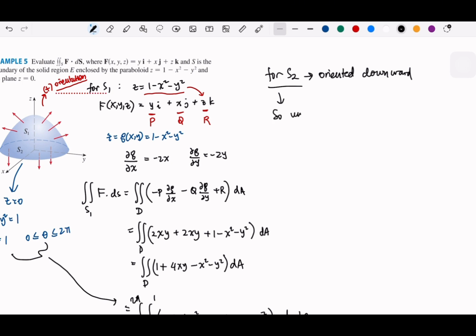So the unit normal vector n is negative k. And we make the same conclusions here.